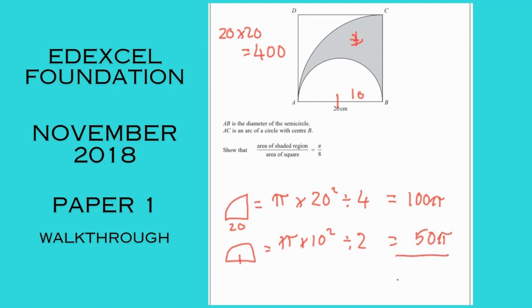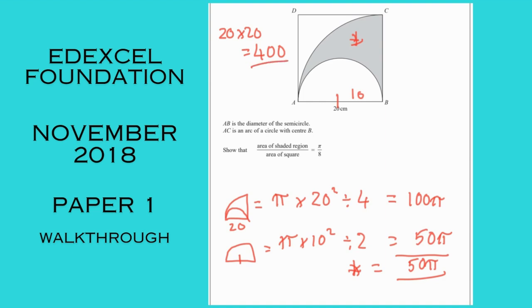Well, that's worked out quite nice. So the area of the shaded bit is the quarter circle, take away the half circle, the smaller bit. It's leaving us with 50 pi.